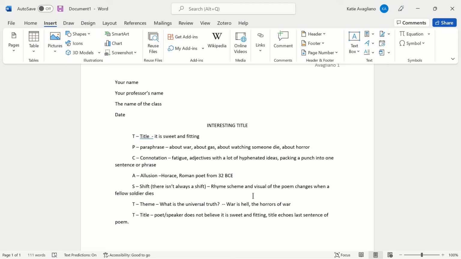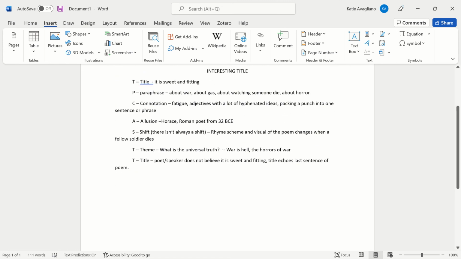But the next thing that's important to do is to figure out a little bit about the background of when and where and why this poem was written, right? So some background information is always good to gather. Remember, as you're gathering your background information, to cite the places where you're getting that information from.